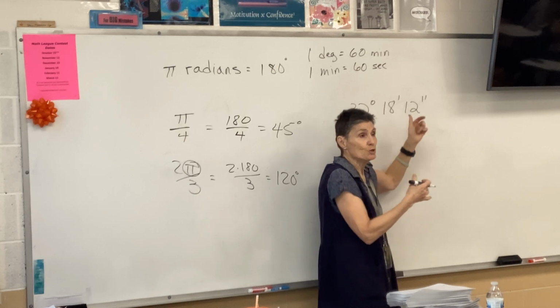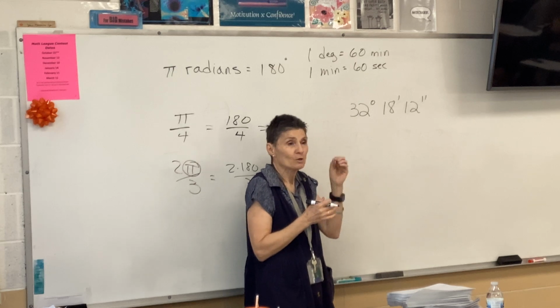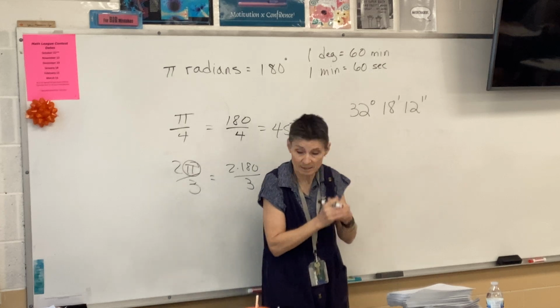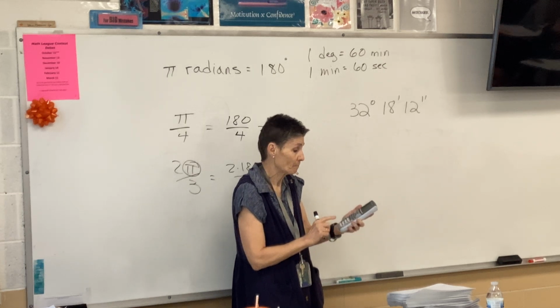We used to have to do this by hand, but your calculator will change angles into degrees, minutes, and seconds. So here's what I want you to do. We're ready for 3A.